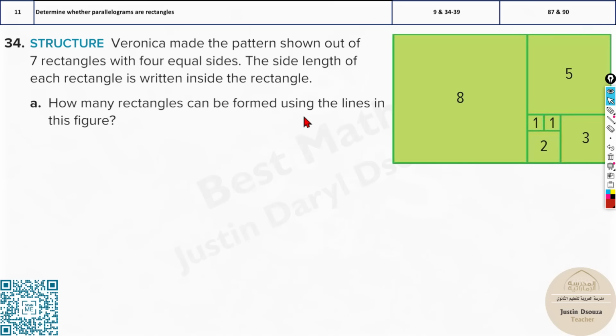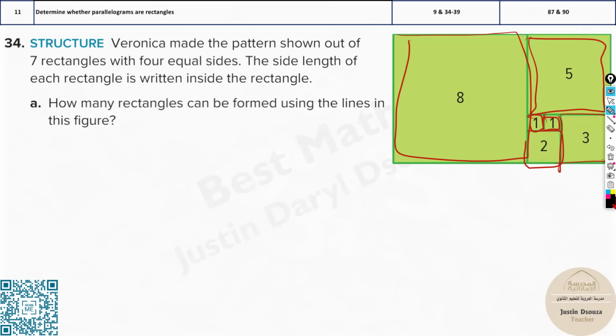How many rectangles can be formed using the lines in this figure? Okay, so using these lines like this, how many can we do? Let's just see. This is one, the outer one, two, three, that's these only itself, the 4, 5, 6. 6 are for sure, but we can use the lines and make more.